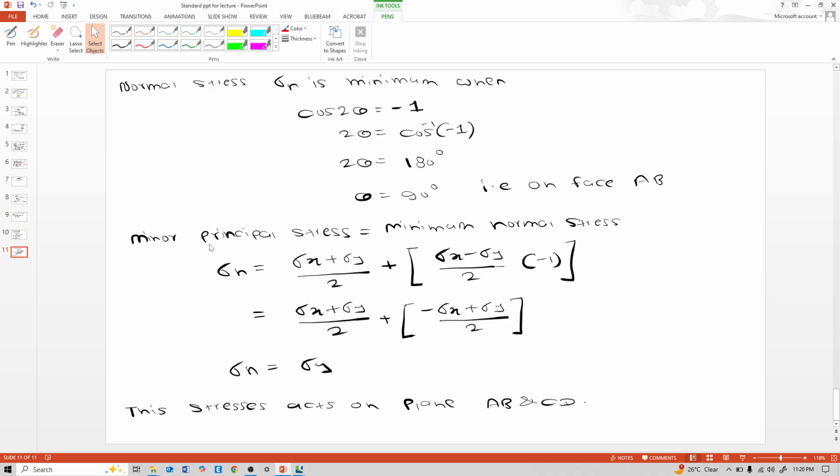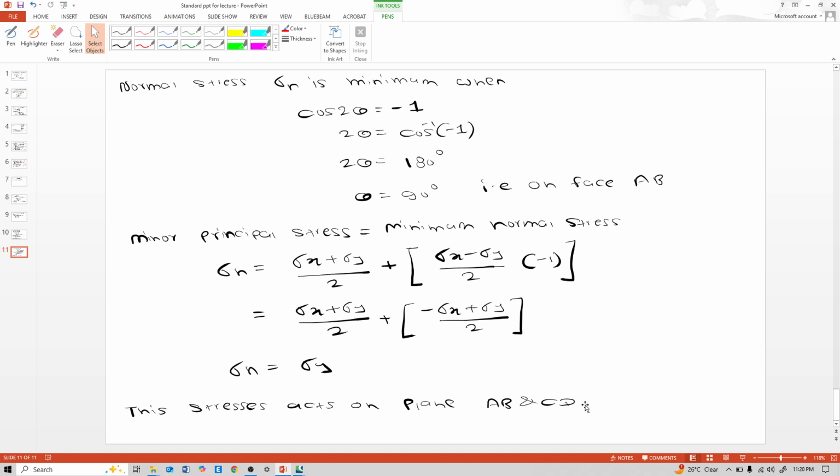So minor principal stress is equal to minimum normal stress. Put cos 2 theta equal to minus 1 here, and by solving it, sigma n is equal to sigma y. This stress acts on the planes AB and CD.